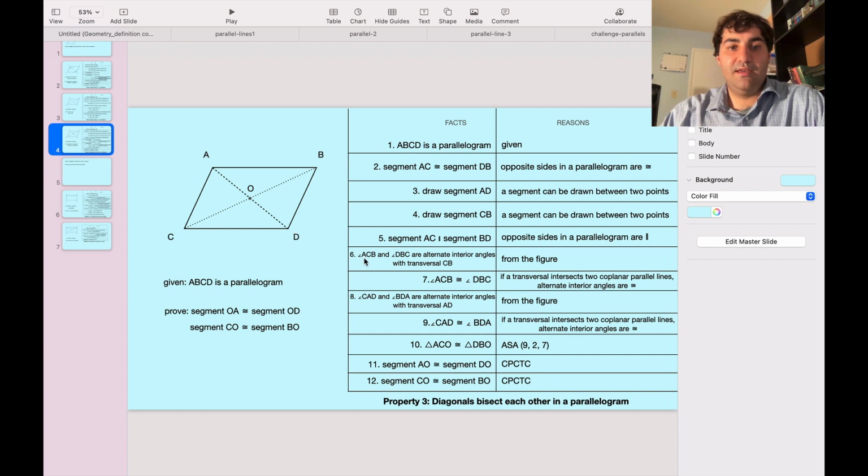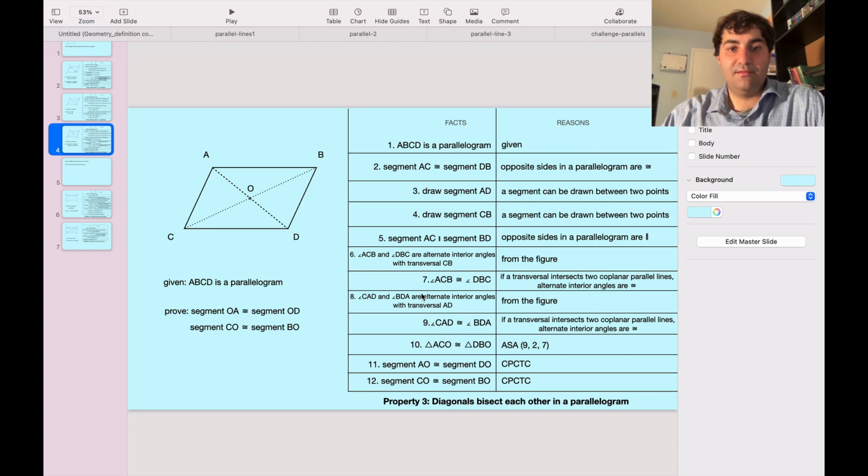So then I'm going to notice that angle ACB, this angle here, is an alternate interior angle with angle DBC, this angle here, right? Using CB as a transversal. And since segment AC is parallel to segment BD, the alternate interior angles are going to be congruent, right?